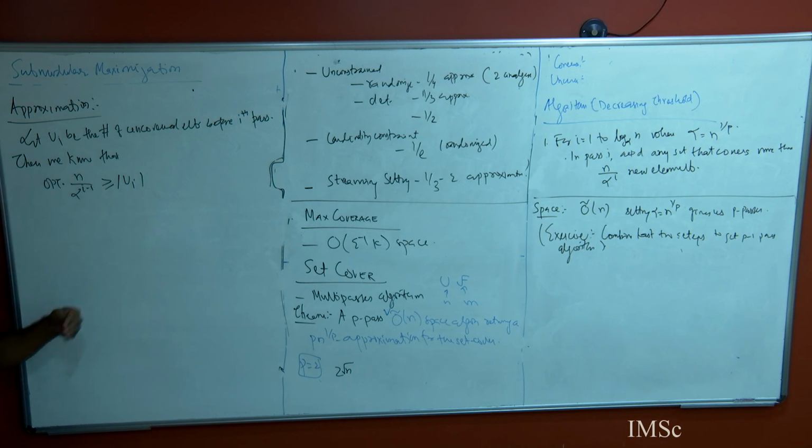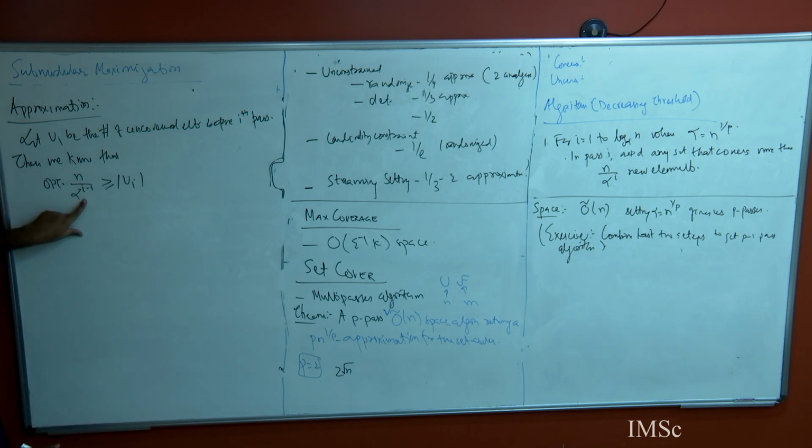How many elements are there after the second round? Let's try to understand that. Look, what does this tell you? It tells you how many elements are left in a set in the ith round. It gives you an upper bound on the set size in that ith round.